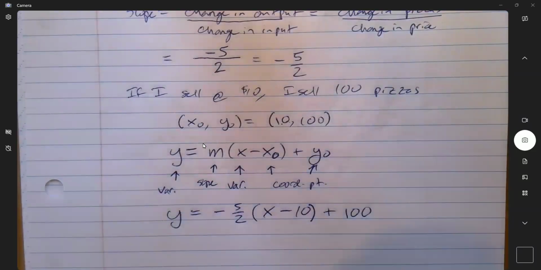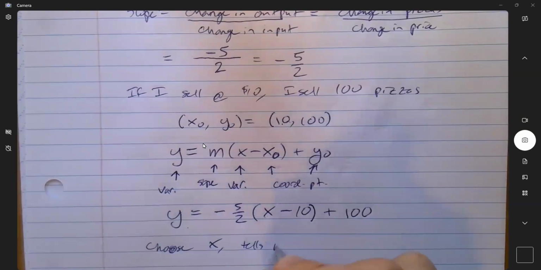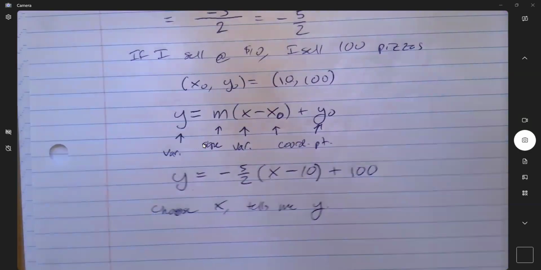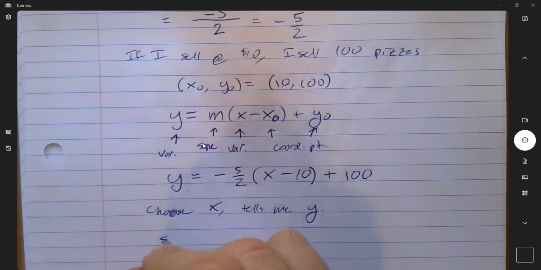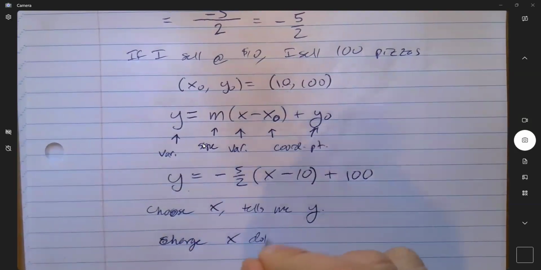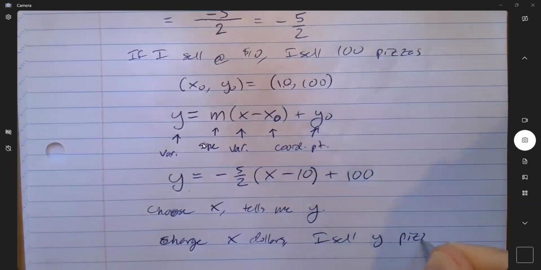And that's the equation. This equation can tell me, once I pick the price, how many pizzas am I going to sell? All right, so I would choose x, and this tells me y. Or to put it back in context, if I charge X dollars, I sell Y pizzas.